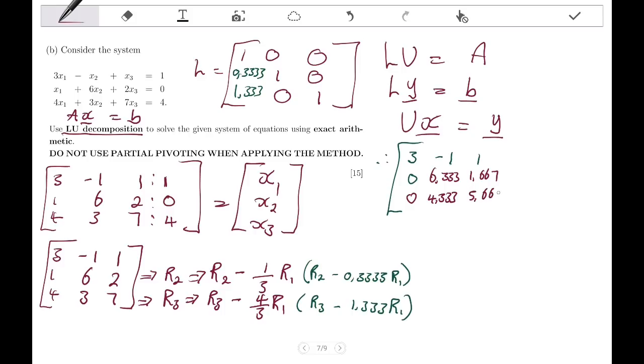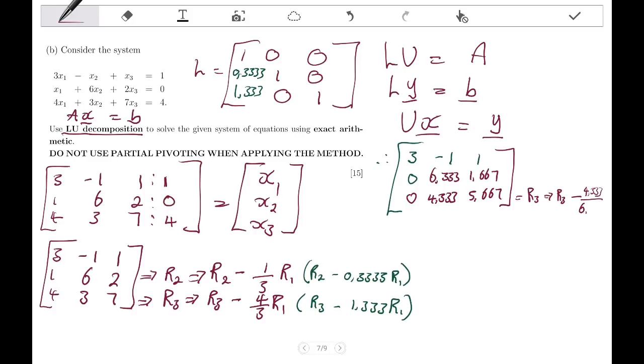Then after that, now we're doing the row operation for this last row, to reduce the second element of the last row to 0. To reduce it, we are going to say R3 tends to R3 minus this one here, which is 4.333 divided by 6.333.